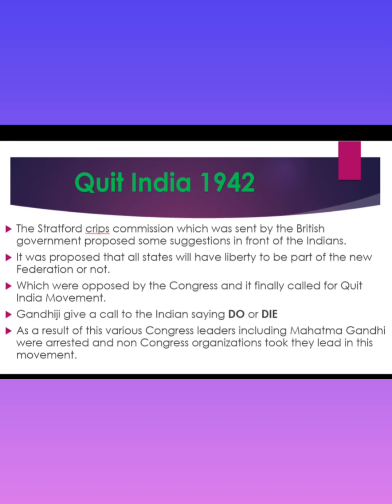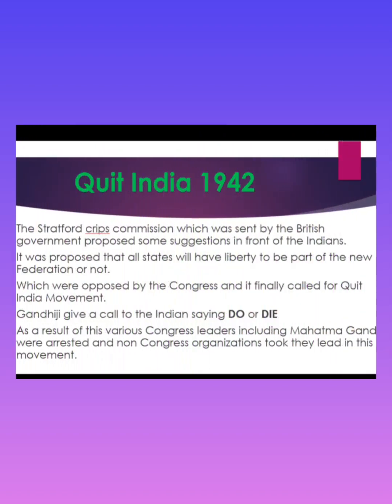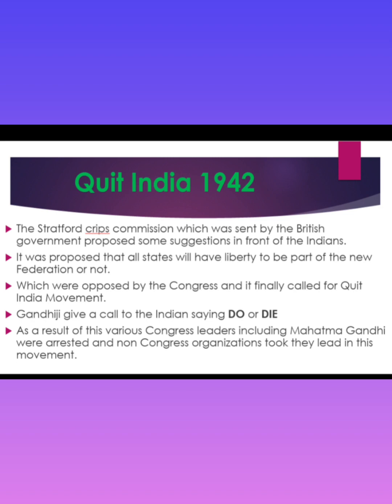As a result, leaders like Gandhiji, Nehru, Rajendra Prasad, Abul Kalam Azad, Sardar Vallabhbhai Patel, Acharya Kripalani, and Kasturba were arrested and imprisoned. Most of the Congress leaders were jailed, and non-Congress organizations took the lead in this movement.